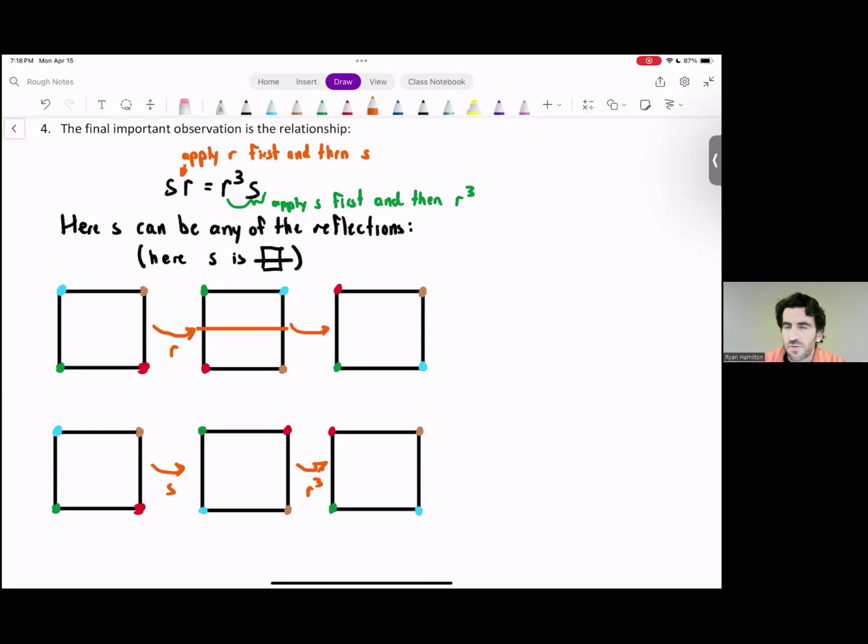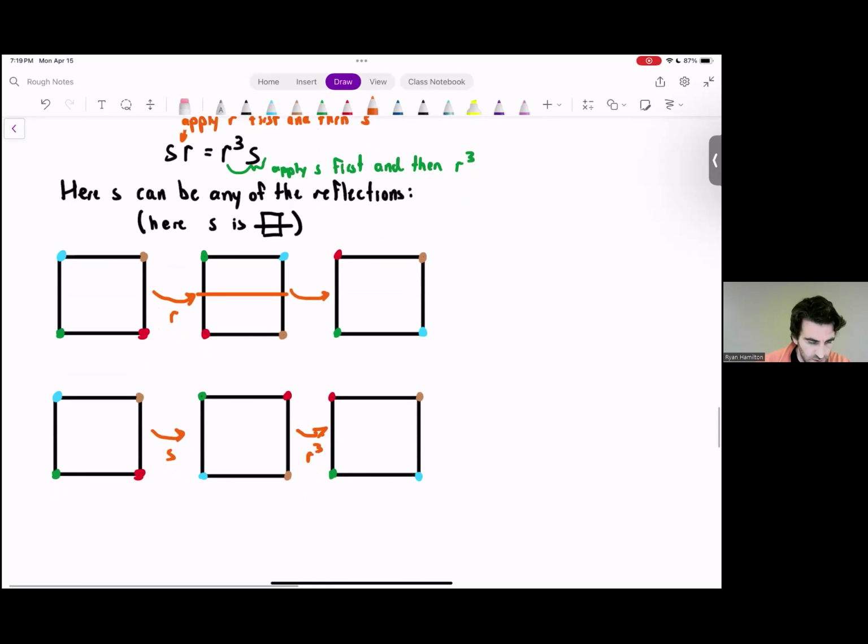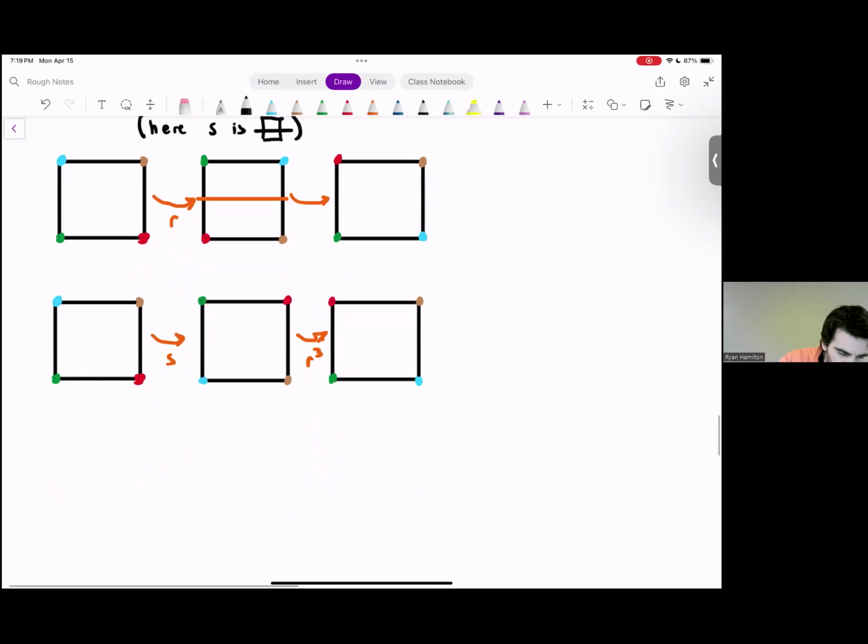Okay, so this fundamental relationship between these two characters, S and R, is a way for us to mathematically encode everything that's happening here. So maybe I'll say something like, note also that S squared is 1.